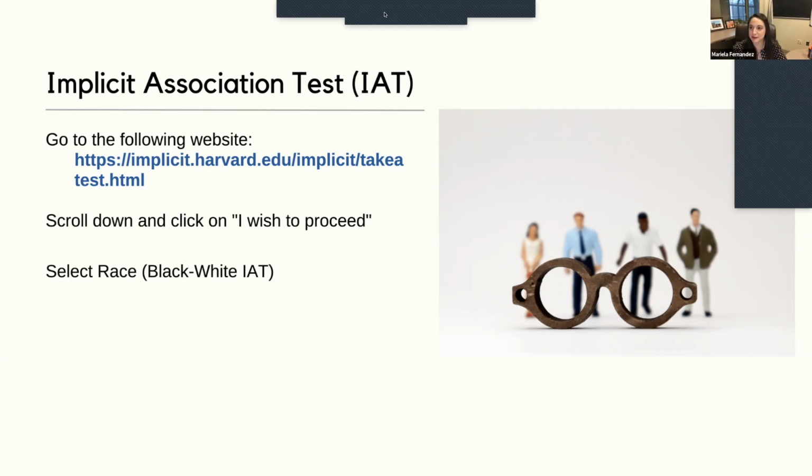I can't see the chat or people's faces either, so if you get a sense of when people are wrapping up, just let me know so I can move on to the next slide.